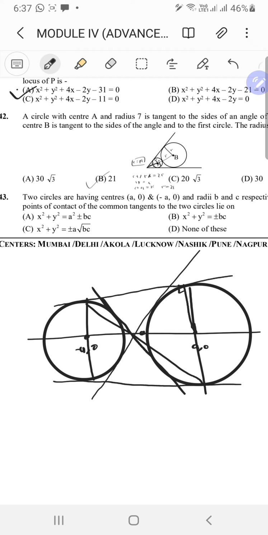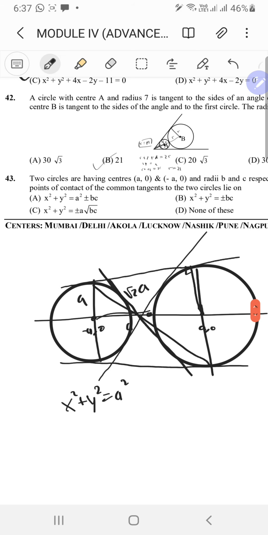So this is length A, this is length A, so this should be square root of 2A, that's the radius. That will be x squared plus y squared equal to A squared, something like that. That is if A equal to B equal to C. So this one is obviously not correct. Oh wait, maybe this is correct, I don't know.